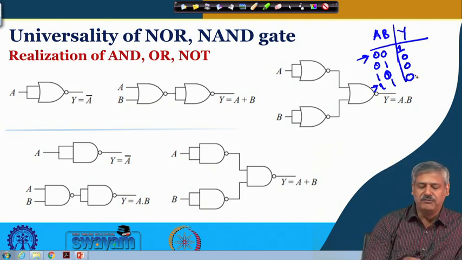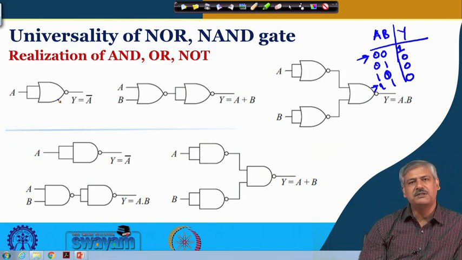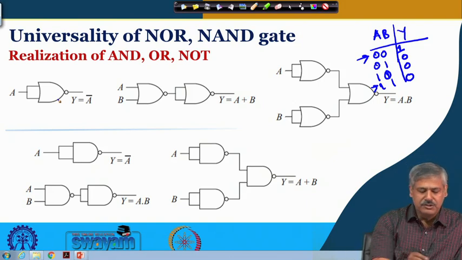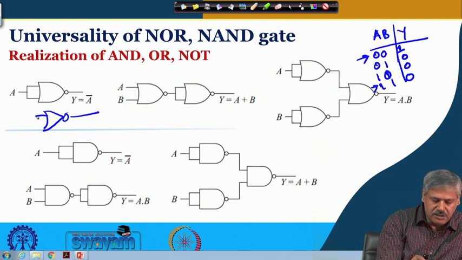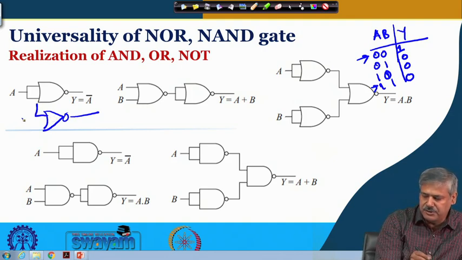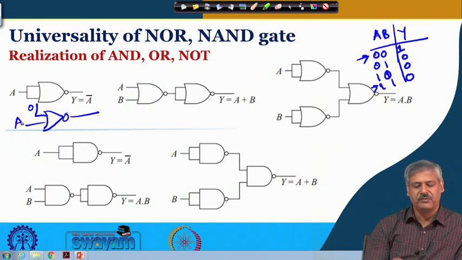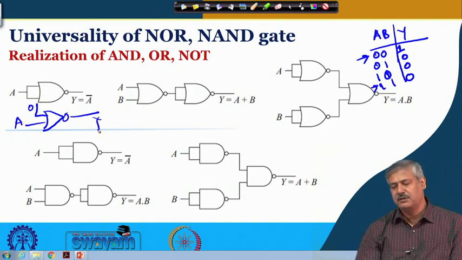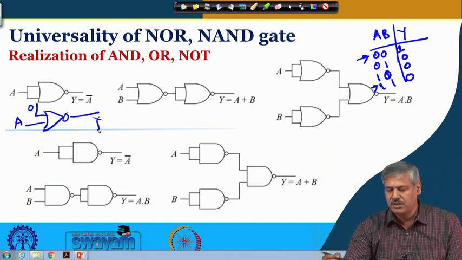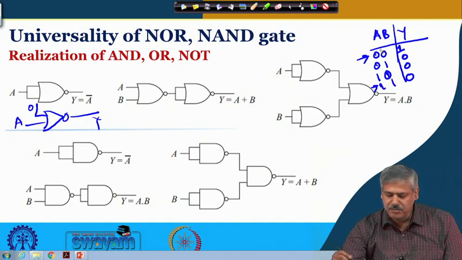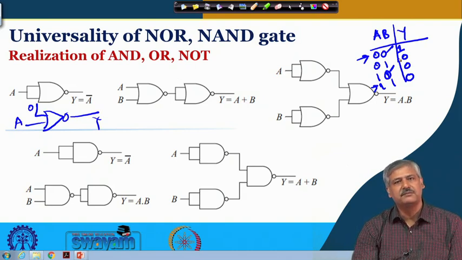The other thing for a NOR gate: we know 0 is the non-forcing input. So if you have a NOR gate, and you connect one input to 0 and the other to A, how will the output behave? B is 0, so these are the two cases.